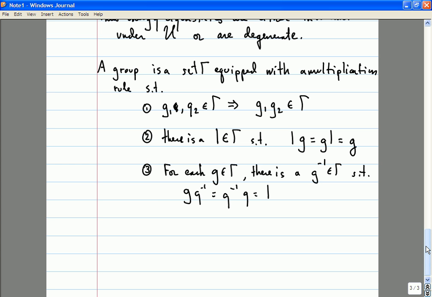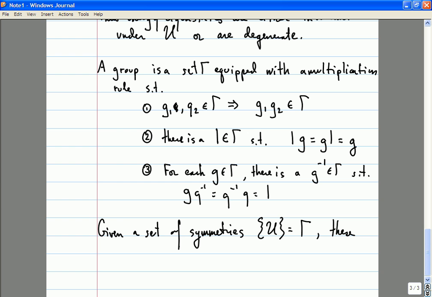And given a set of symmetries that we'll call gamma, the basic rules of quantum mechanics tell us that these form a group.